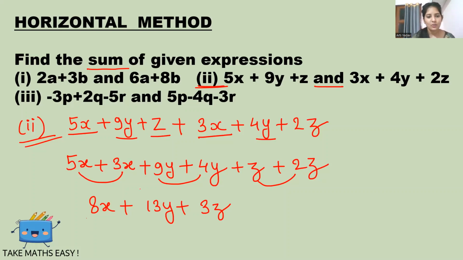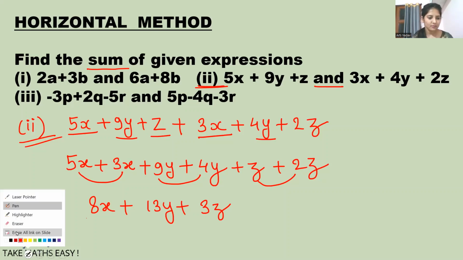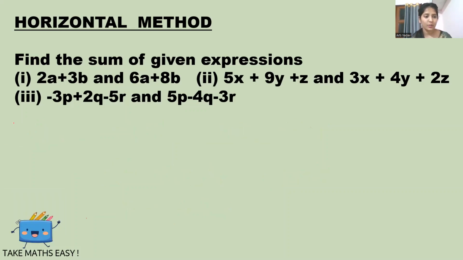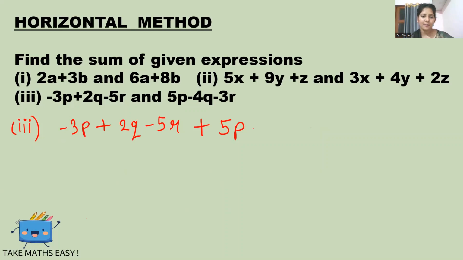Okay, let's do the next question. In this one you have to remember the integers rule. Look: minus 3p plus 2q minus 5r. I will use an addition sign in the middle. Why? Because we are finding the sum. Then 5p minus 4q minus 3r. Then we will separate the like terms. Minus 3p.